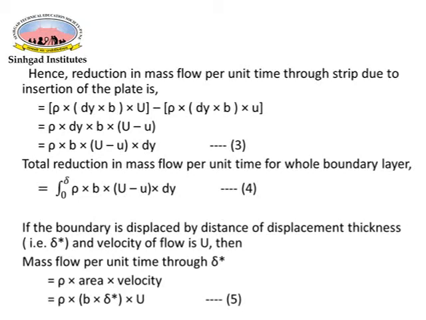Therefore, total reduction in mass flow per unit time for the whole boundary layer equals the integral from 0 to delta of rho b (U minus u) dy.